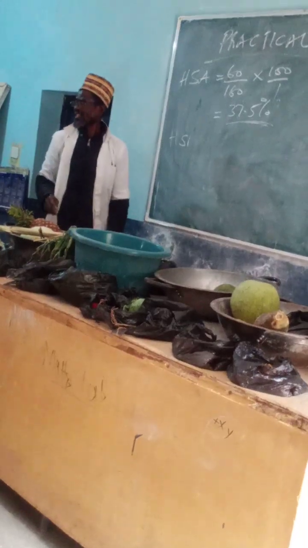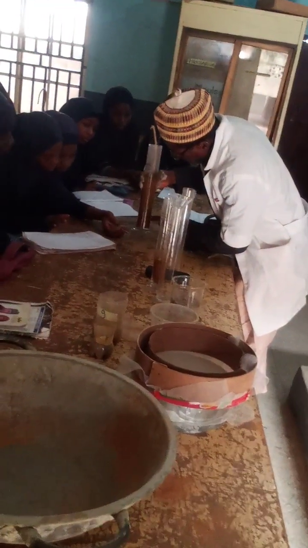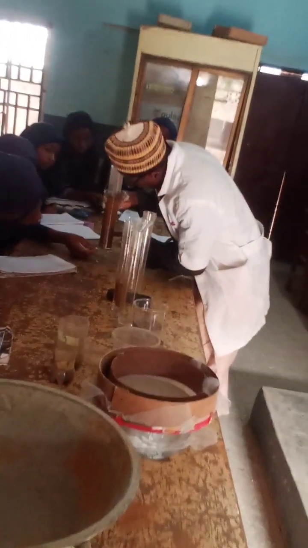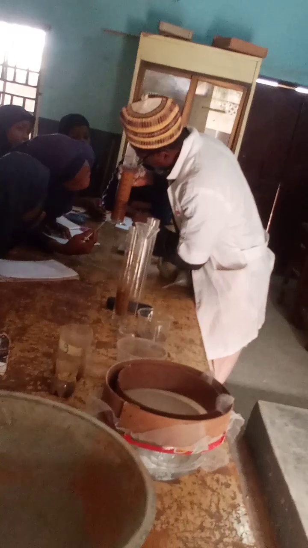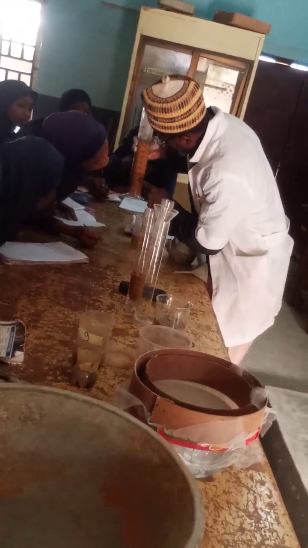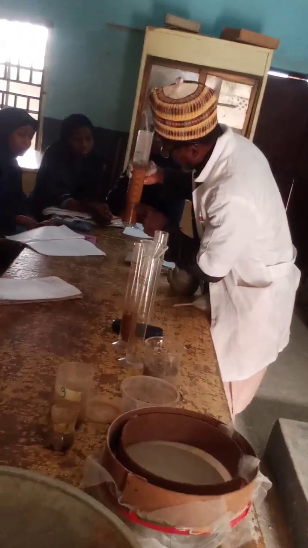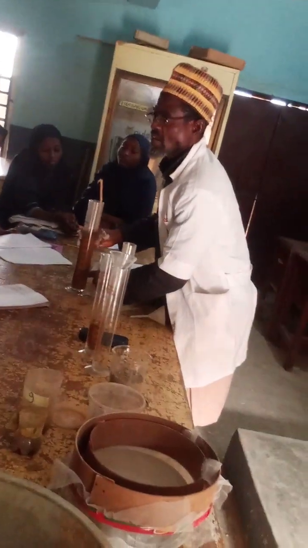Then the height of silt is equal to, if you read from that 60 up to around 110 or 120, from 60 up to 120.